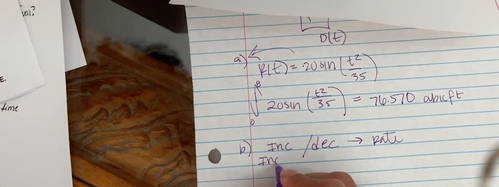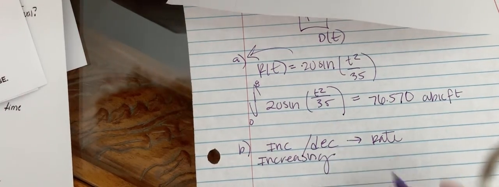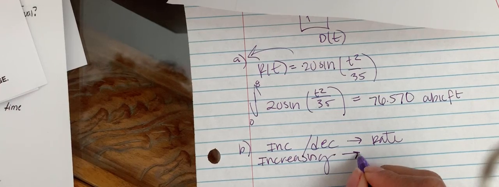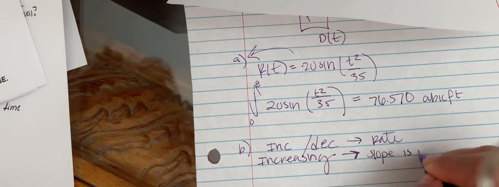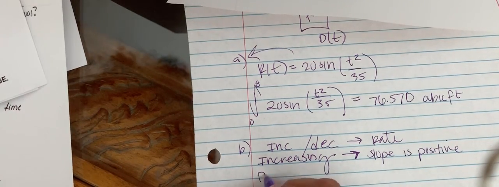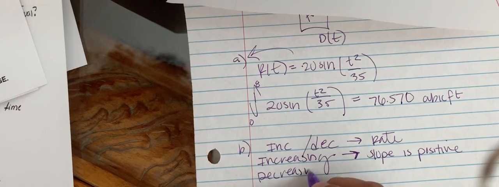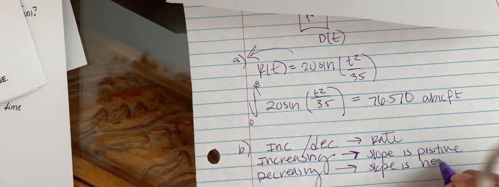So let's write that. As soon as you see increasing, that means your slope is positive. And if we're looking at decreasing, that means your slope is negative.